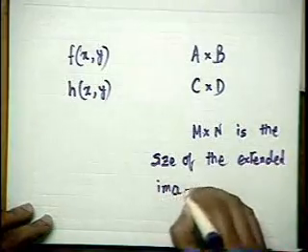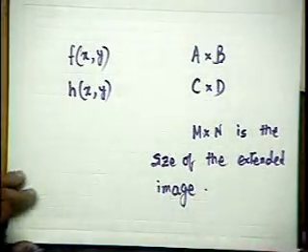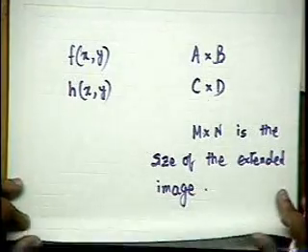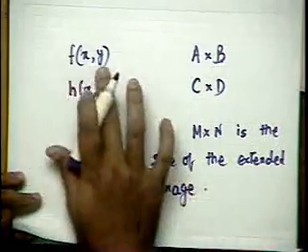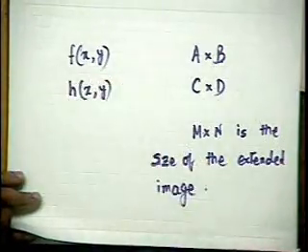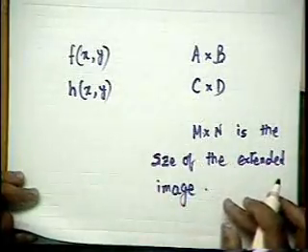Such that our definition of the extended functions I am now writing down. In the extended function, I will not call it f(x,y), I will call it fe(x,y), and the extended h function I will call he(x,y).